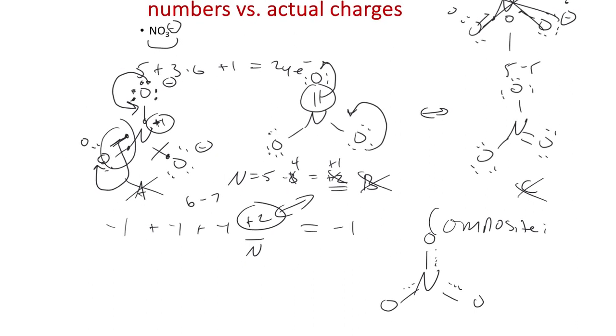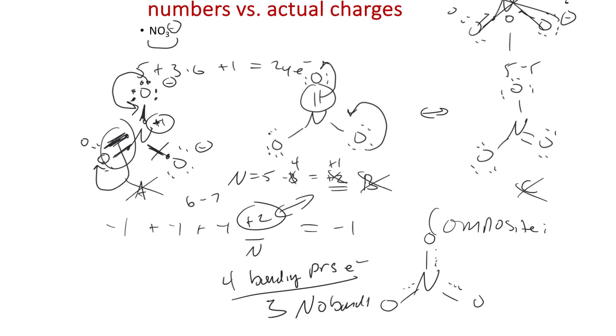So the real molecule looks like an averaging of a single bond plus an extra double bond a third of the time. We end up taking a total of 1, 2, 3, 4 bonding pairs of electrons spread across the 3 NO bonds. That gives us a 4/3 bond.